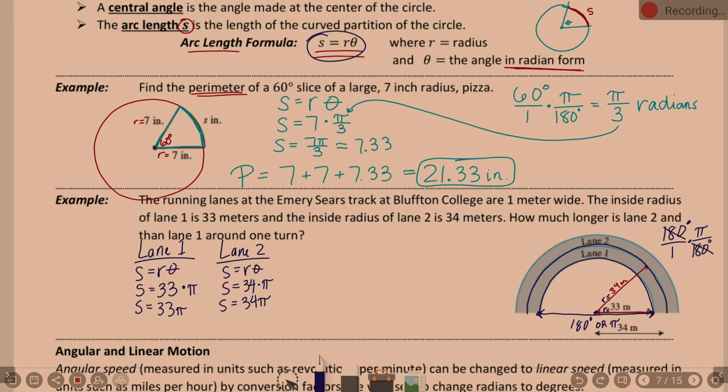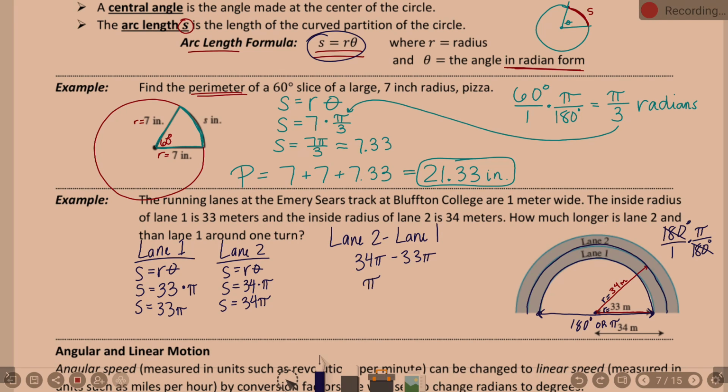How much longer is lane 2 than lane 1 around one turn? You're going to subtract, yes? Lane 2 minus lane 1. So what is 34 pi minus 33 pi? And that is 1 pi.